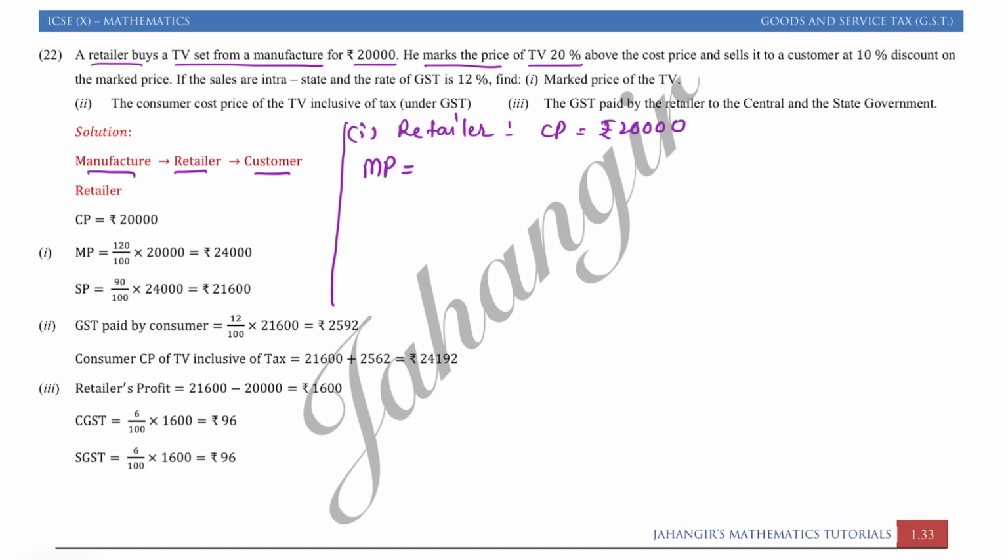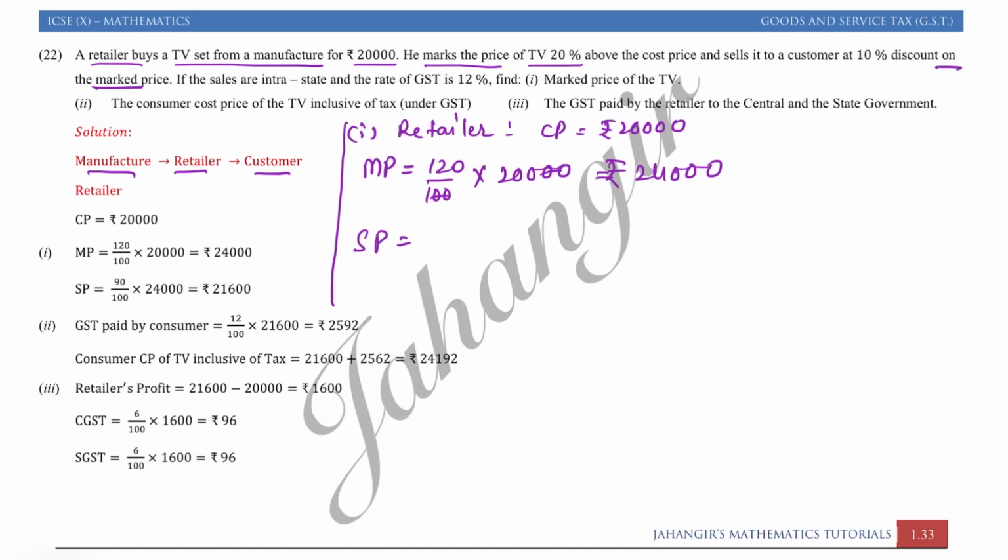So 20% increased price, so it will become 120 upon 100 into 20,000. So 20,000 का 24,000, it becomes 24,000.